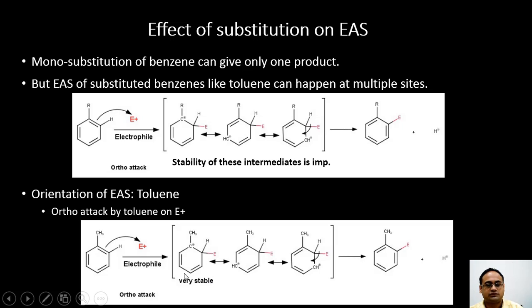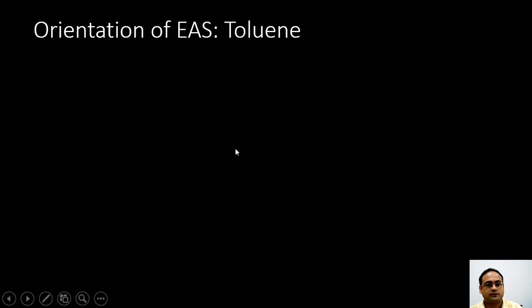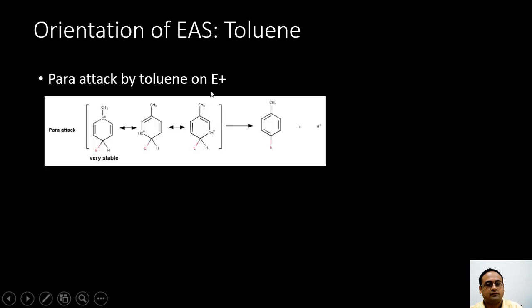Therefore, this resonance structure is very stable, and therefore it will hasten the reaction, giving us the ortho substituted toluene. In case of the para attack, we find that 3 such other structures are possible where the incoming electrophile is instead of ortho, para to the methyl group.